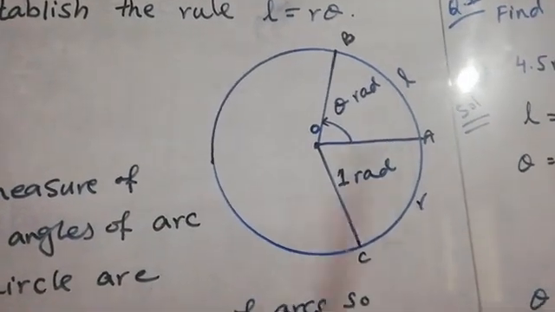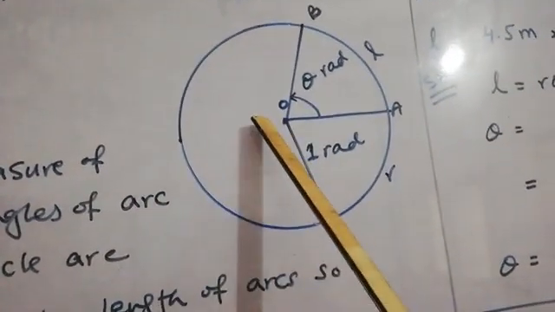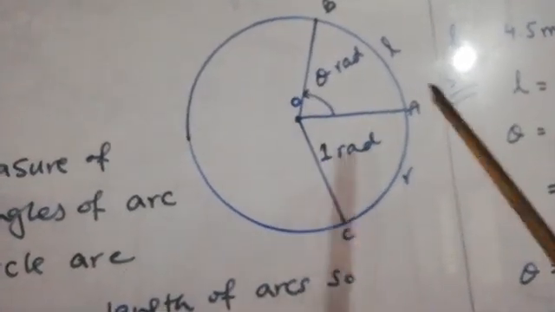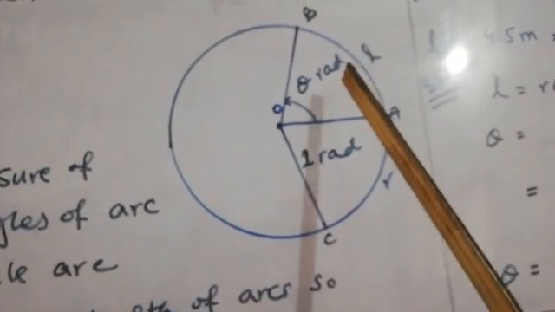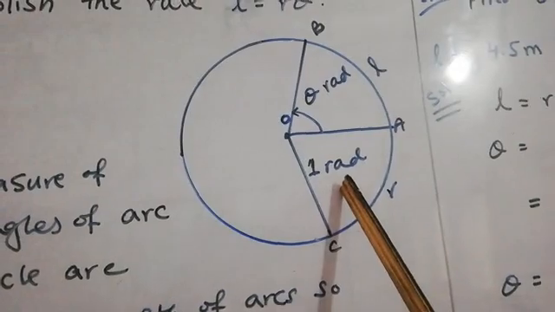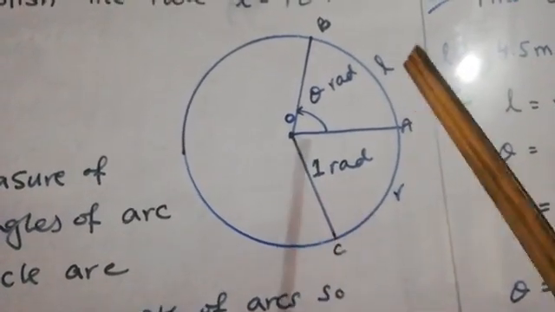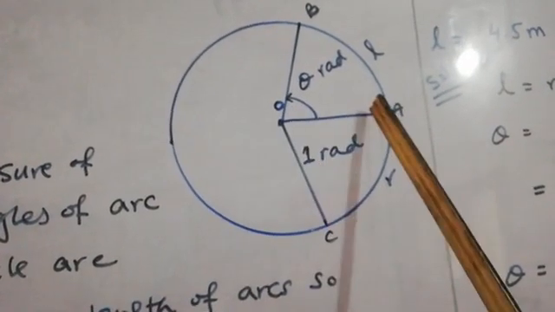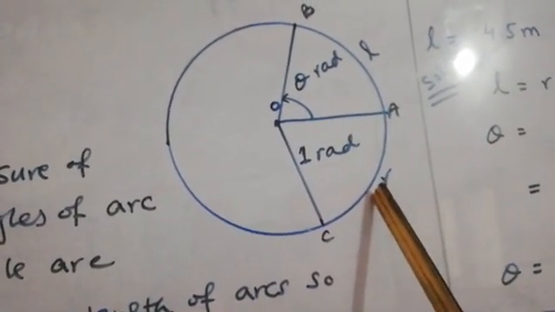For example, let we have a circle with center O, and we have two angles measured in radian. The first angle is 1 radian. 1 radian means the length of the radius and the length of the arc are equal.